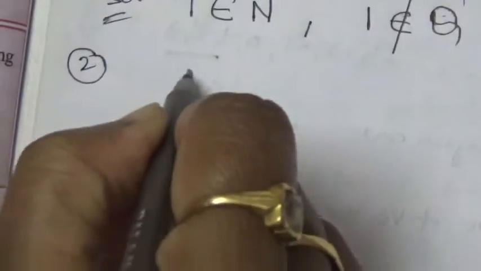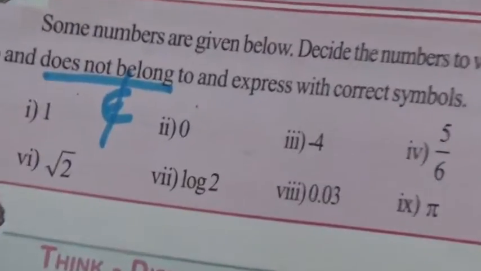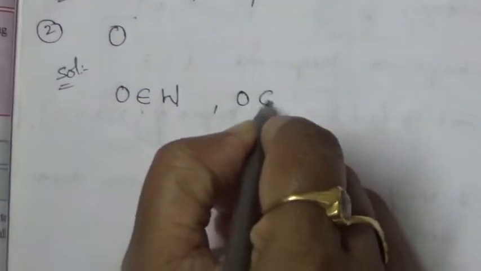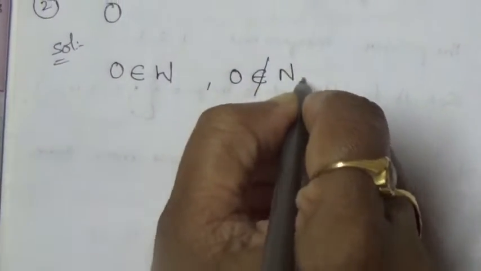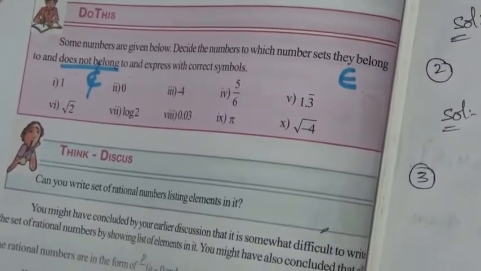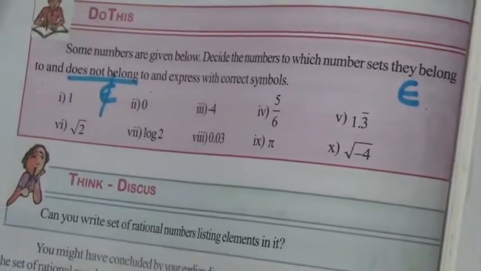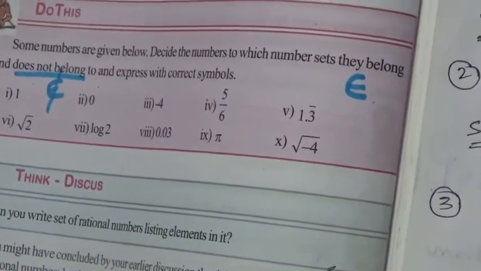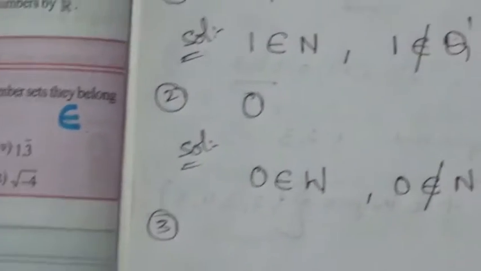Then the second, that is 0. Solution: 0 belongs to whole numbers. Does 0 belong to natural numbers? No, it does not belong to natural numbers. Third one, simple answers. Already I told you, sets is a very beautiful chapter, and we can solve these problems in a very easy manner.